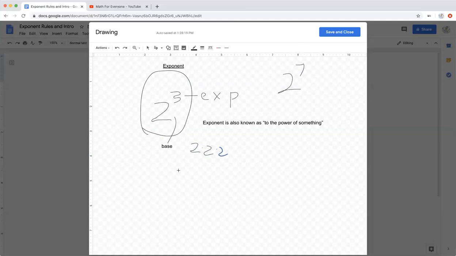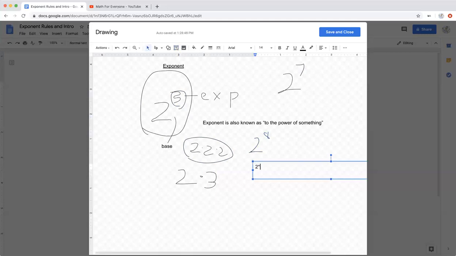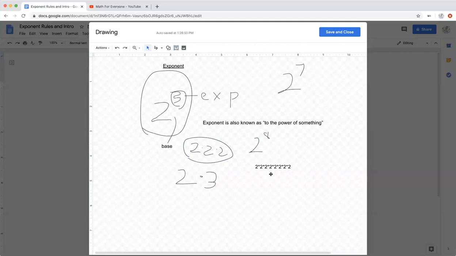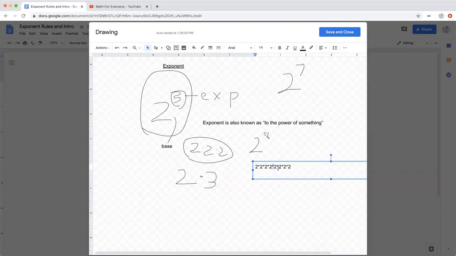A common misconception is people will sometimes write 2 times 3, thinking it's the same thing. But instead, you have to write the number multiplied however many times the exponent says. So if this was 2 to the power of 8, you would write it out as 2 times 2 times 2 times 2 times 2 times 2 times 2 times 2. That's what an exponent is.